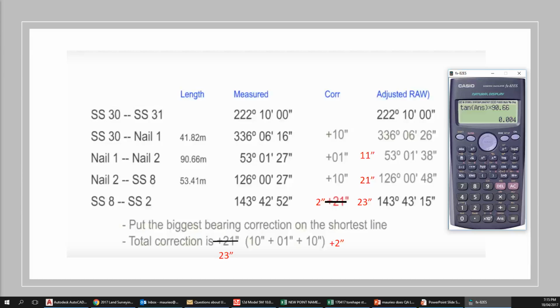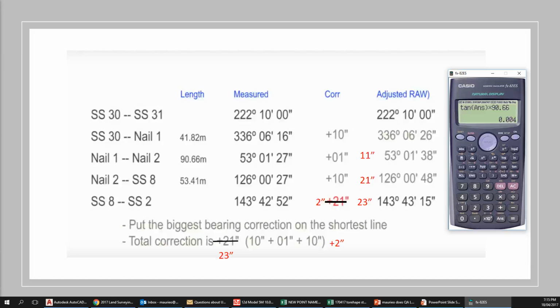We are dealing with very small bearing corrections. I tend to keep them quite even, and if the traverse lines are pretty much of similar length, just keep it the same. But particularly for very short lines, we can put quite a lot of error into those lines because that's more likely where it's going to be.